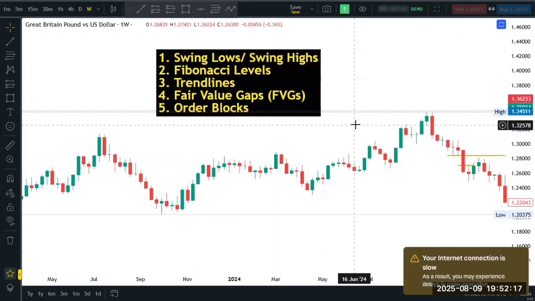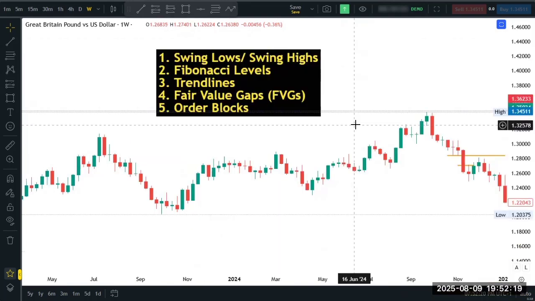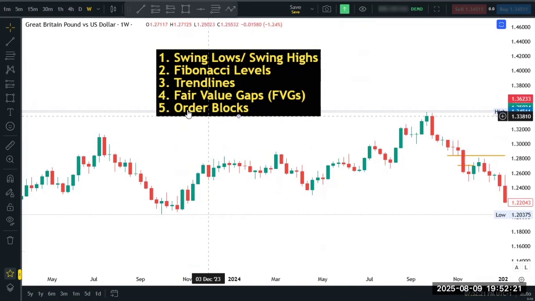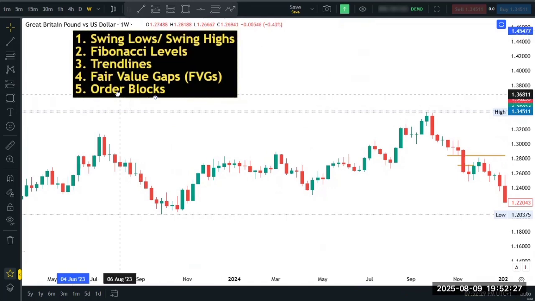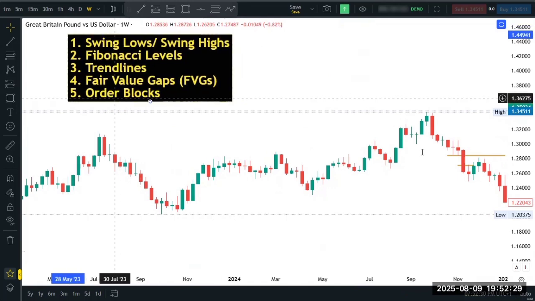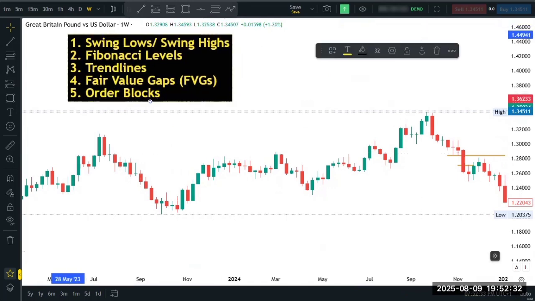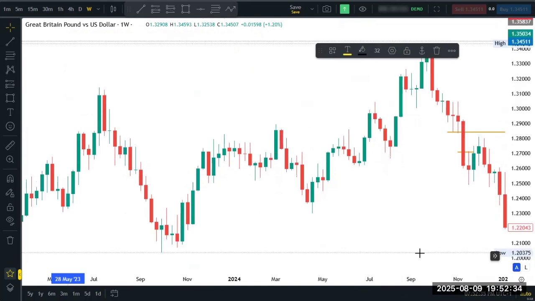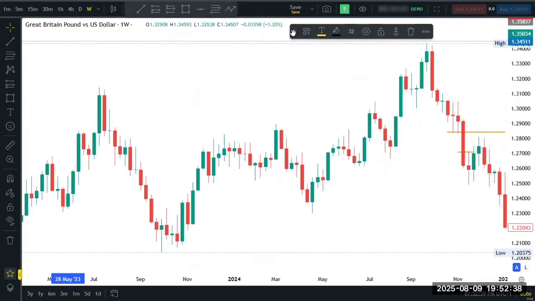So our fifth point of interest that we will be looking for are the order blocks. And what are order blocks? They are closely related to fair value gaps because some people use the two together, those that trade smart money concept.